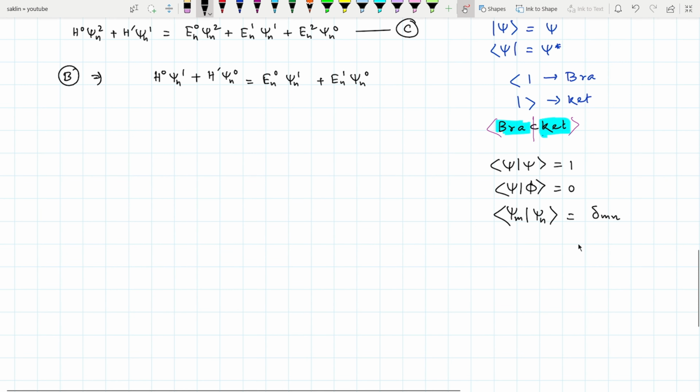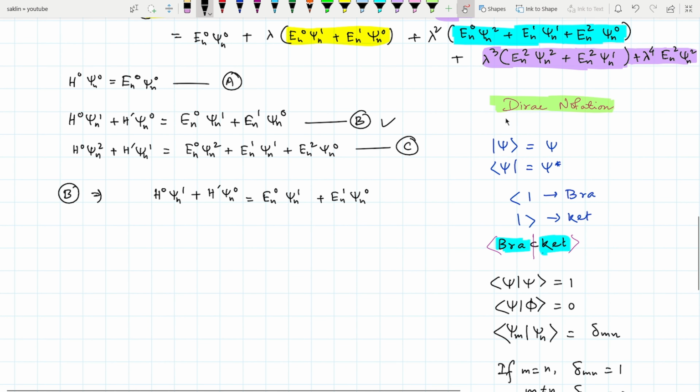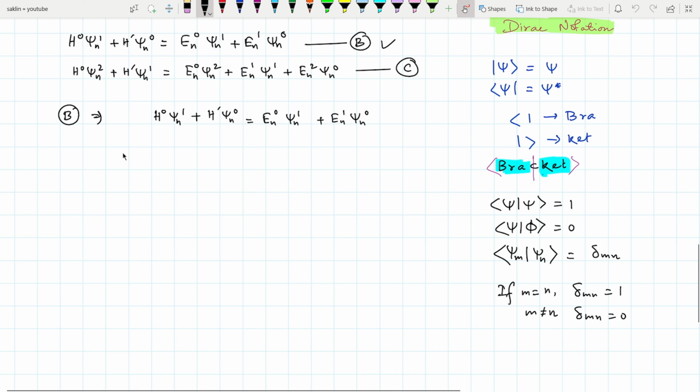The orthonormality condition says that if m equals n, then delta mn equals 1, and delta mn equals 0 if m not equal to n. Okay, you have to remember these three things. I hope you know about the Dirac notation. I have revised it briefly. Now it can be written using the Dirac notation just like this.